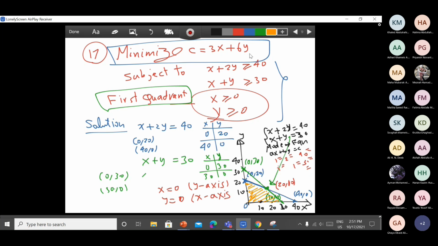So in this case, I have minimum and maximum, right? He's asking for the minimize. So Z equal to what? I cannot get it like this. I have to make a table, right?